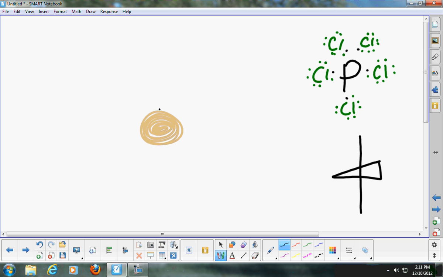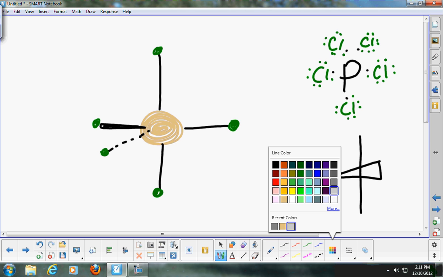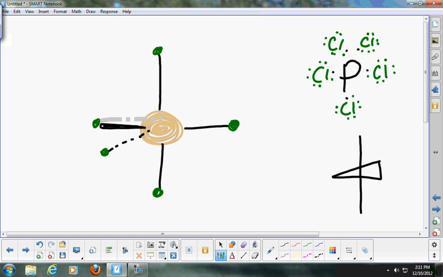We're gonna have 1 up, 1 down, 1 coming out of the plane, 1 going into the plane, and 1 at the angle there. So we're going to have a chlorine here, here, here, here, and here. So basically all this right here makes a triangle and it's in a plane.